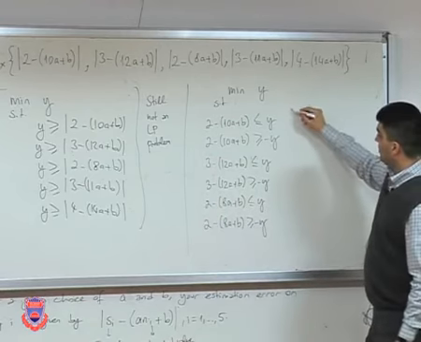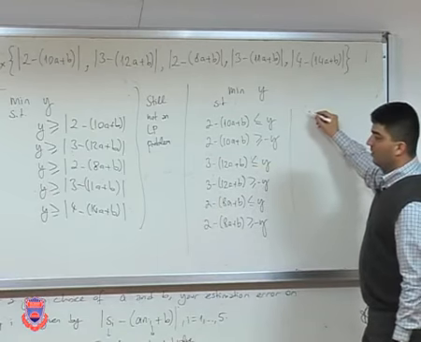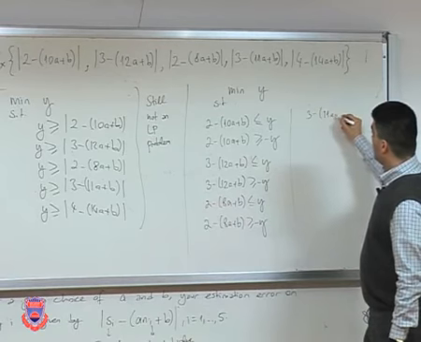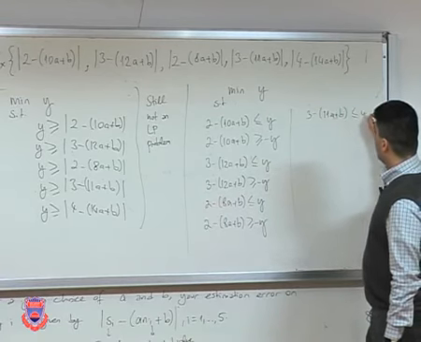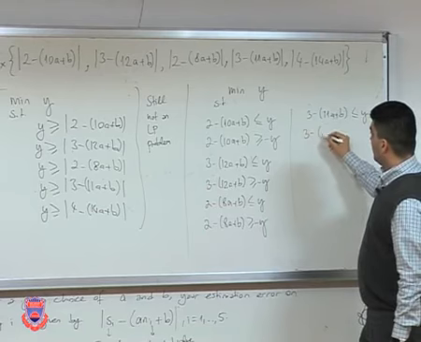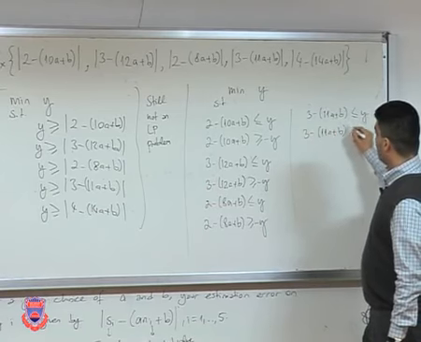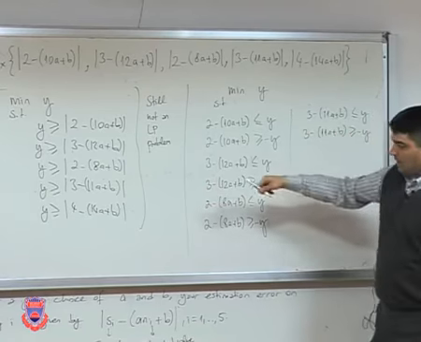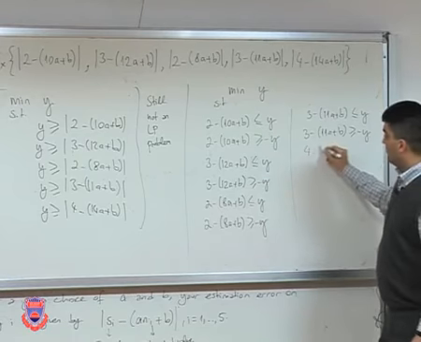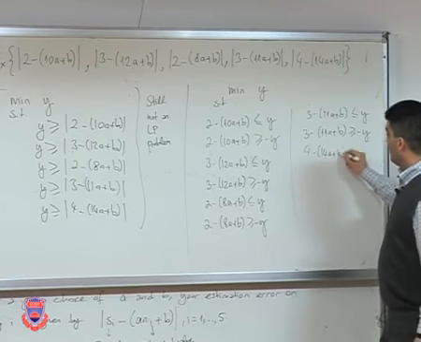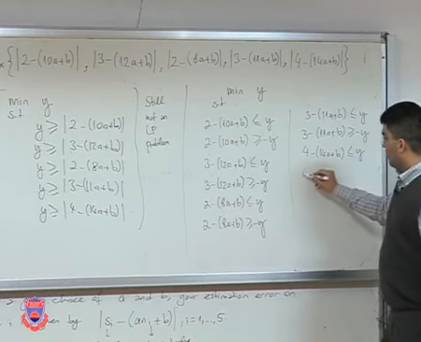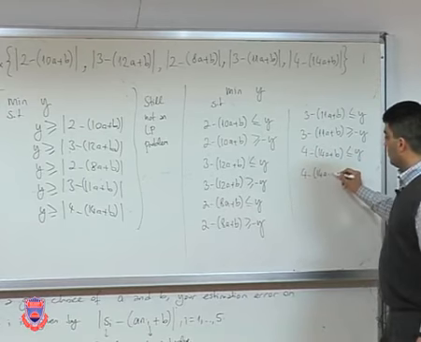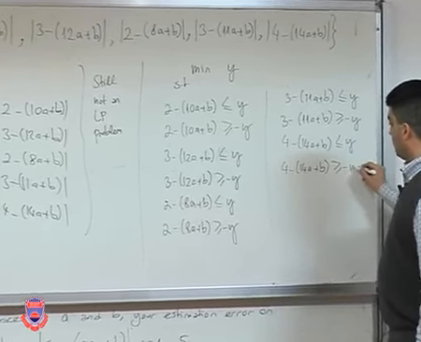Then for the fourth one, I have 3 minus 11a plus b is less than or equal to y, and 3 minus 11a plus b is greater than or equal to minus y. And finally, 4 minus 14a plus b is less than or equal to y, and 4 minus 14a plus b is greater than or equal to minus y.